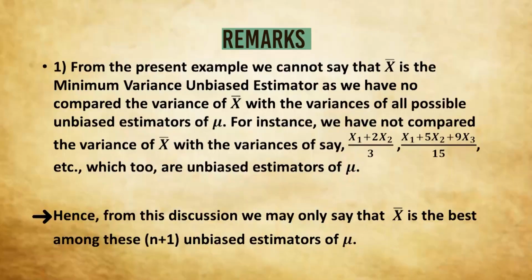We can only say that x bar is the best among the n plus 1 unbiased estimators that we have considered. Let me tell you, in our course of study, we will never go for finding the minimum variance unbiased estimator, because the theory of finding it is altogether different, which is out of the scope of this course. There is another approach called the Cramer-Rao lower bound.